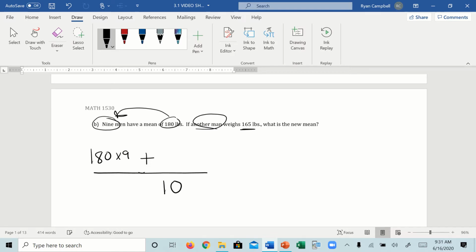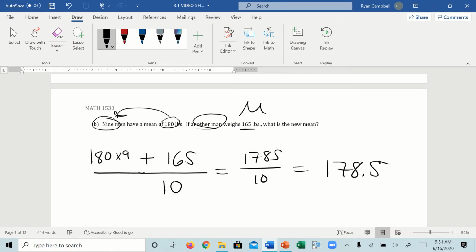Well, that's just going to be that 165. So when we add 180 9 times, and then add 165 to it, after dividing by 10, we get 178.5. Now again, is this going to be the population mean, or is this the sample mean?